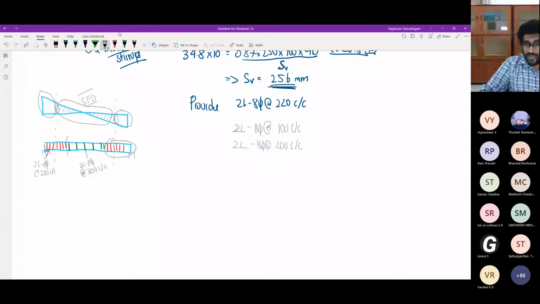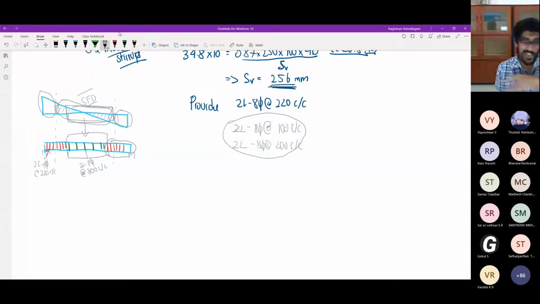So you can make your shear force calculations in this particular region and check that you're allowed to give a higher spacing. These are all practical considerations. In real design, they will not give the same stirrup from the start to the end.